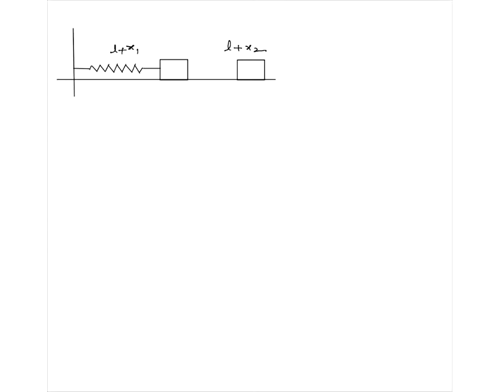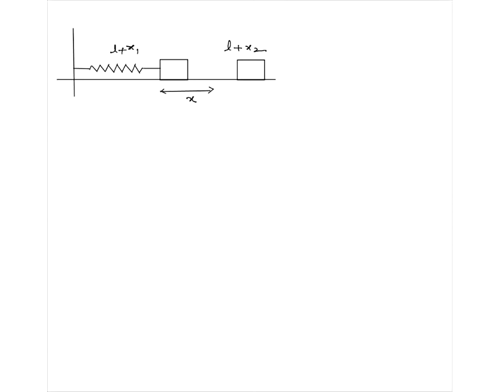Now in this case, L is the natural length. In this case, let x be some location like this. In fact, let me say some location where elongation is x. So elongation was x1 here, elongation is x2 here, and at some location elongation total is x.